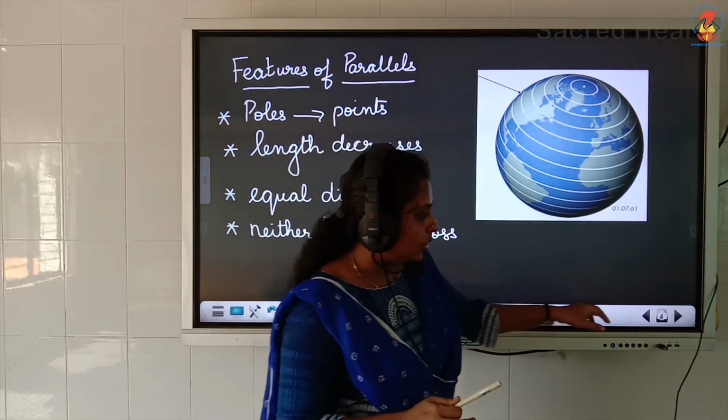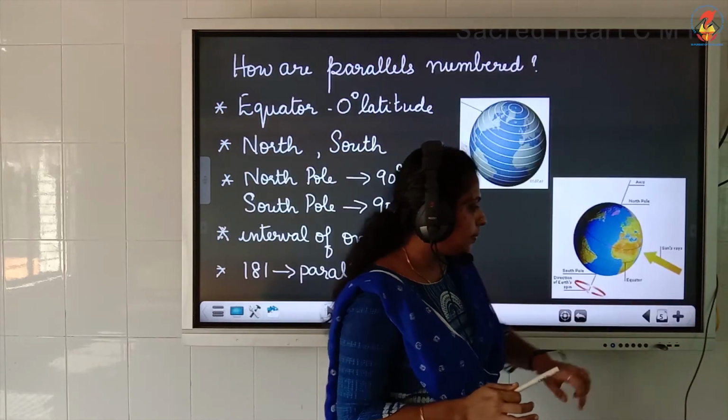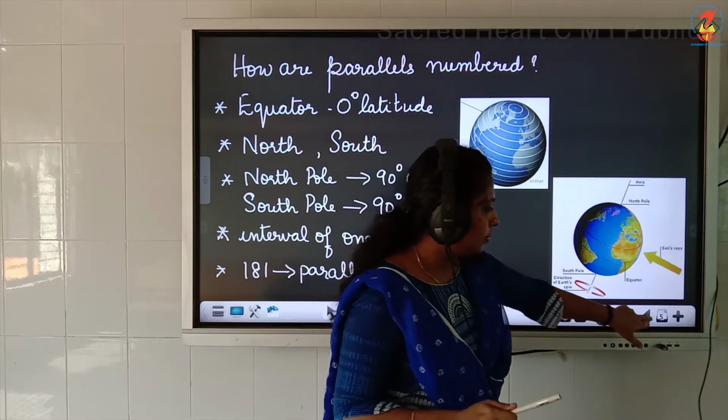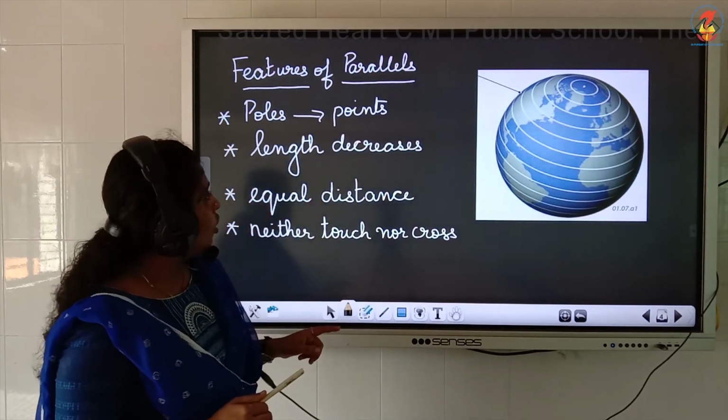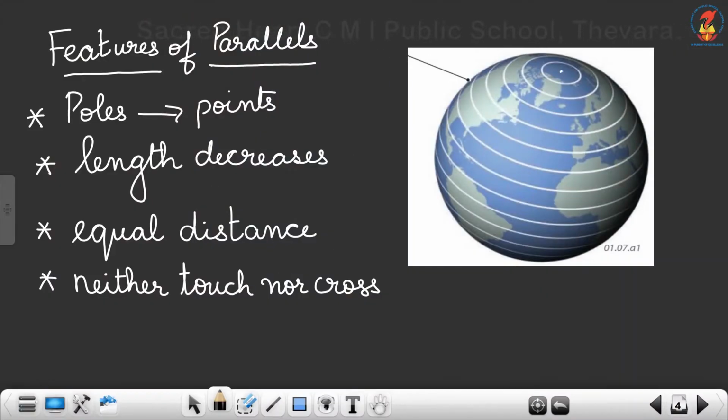Now let's move on to the next point. Let's see once more. The first point was all the parallels are complete circles except the North Pole and the South Pole. Those two poles are just points.